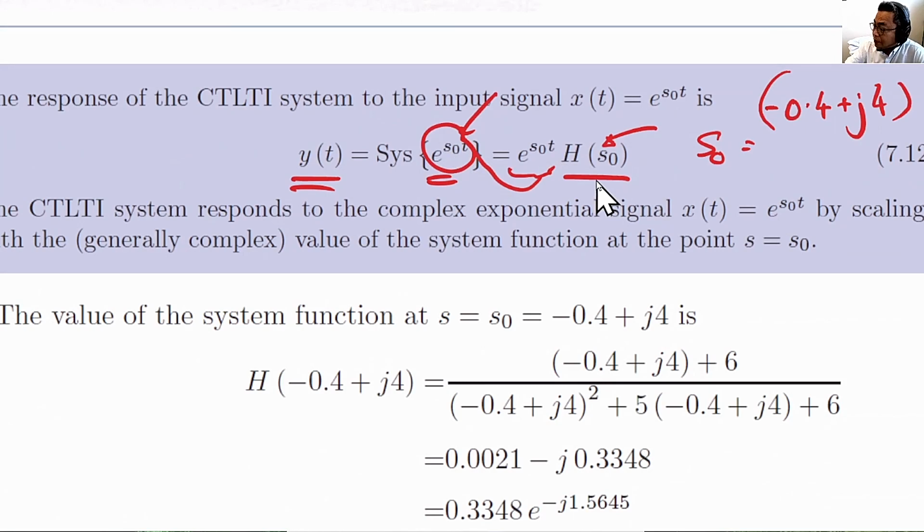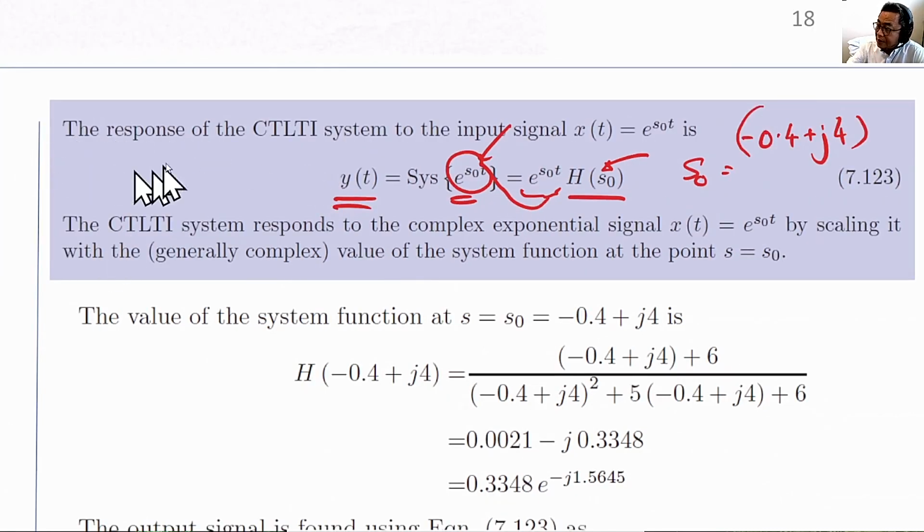In another chapter of the lecture, we have shown that H(s0) is called the frequency response of the system, and the frequency response evaluated at s0 can be used to multiply by the eigenfunction e^(s0 t) to produce the output. So this is this colored box here stating this fact.